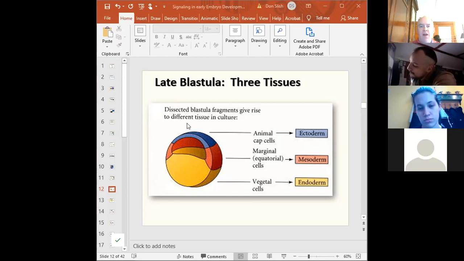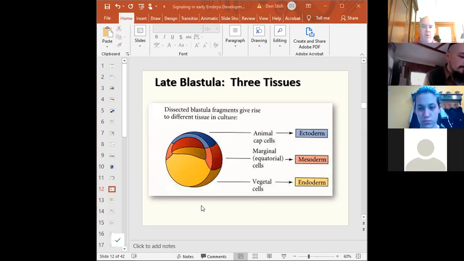And if we cut that off now and let it just grow in tissue culture, it will become skin. If we cut the middle part out and let it grow, it will become ventral mesoderm, which is basically blood and blood vessels. And here's your endoderm, which is just undifferentiated usually when you take it out. But those are our three different tissues.